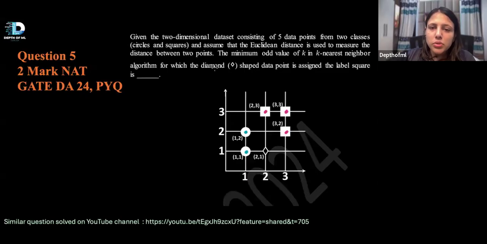Now they are asking for the minimum odd value of K in the k-nearest neighbor algorithm so that the diamond-shaped data point is assigned the label square. So where is the diamond-shaped data point? This is the data point, your query point.